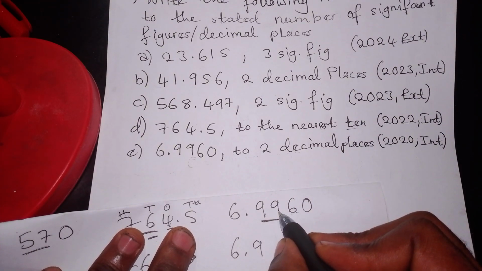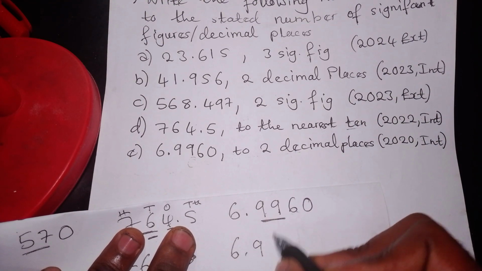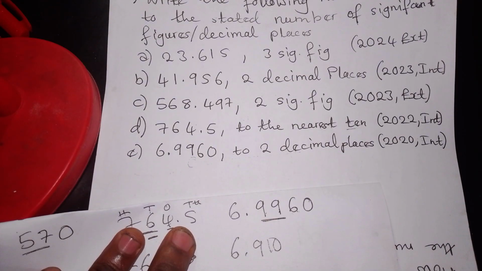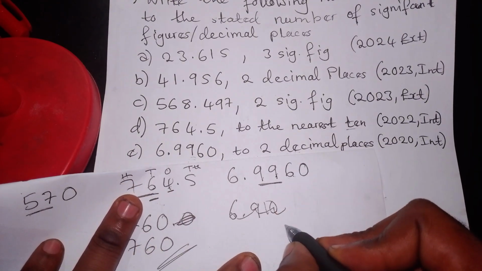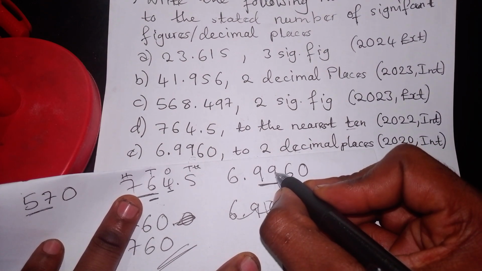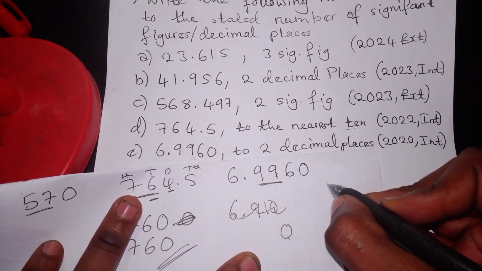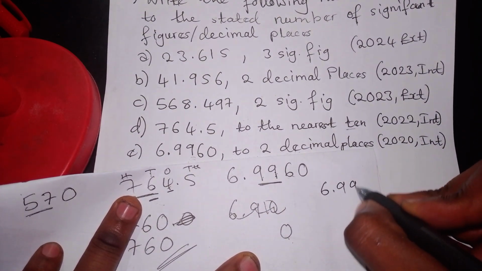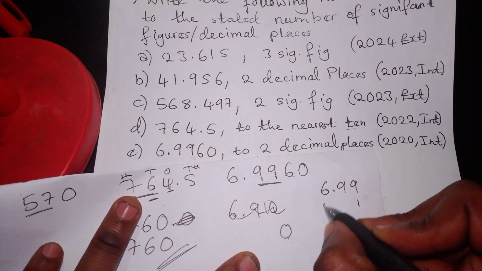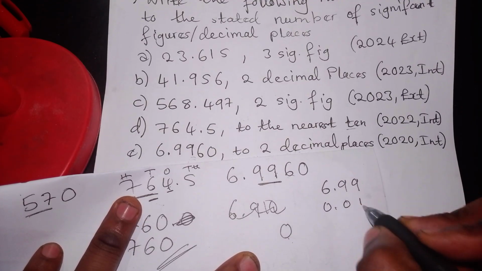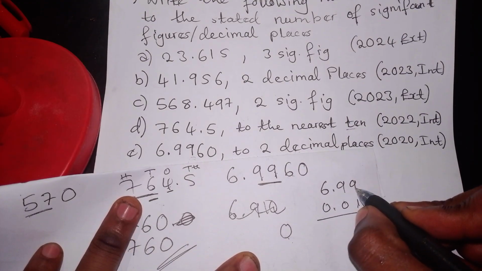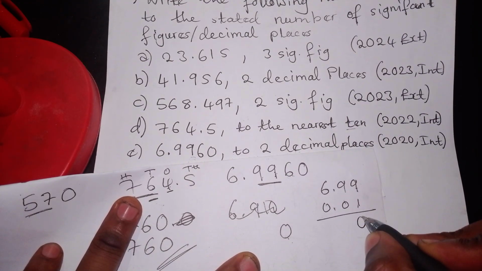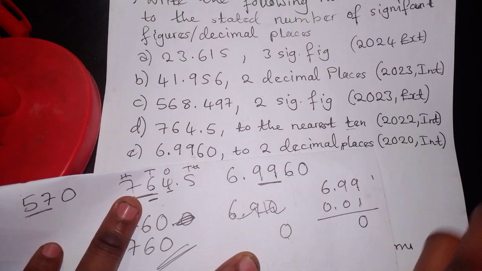But once this one increases by 1, it will be a 10, and you can't write a 10 like this. So what you do is you put a 0. Or maybe you can just do it like this. Just add the 1 to the second decimal place. So when you add the 1 here, you have a 0, and then you carry 1.